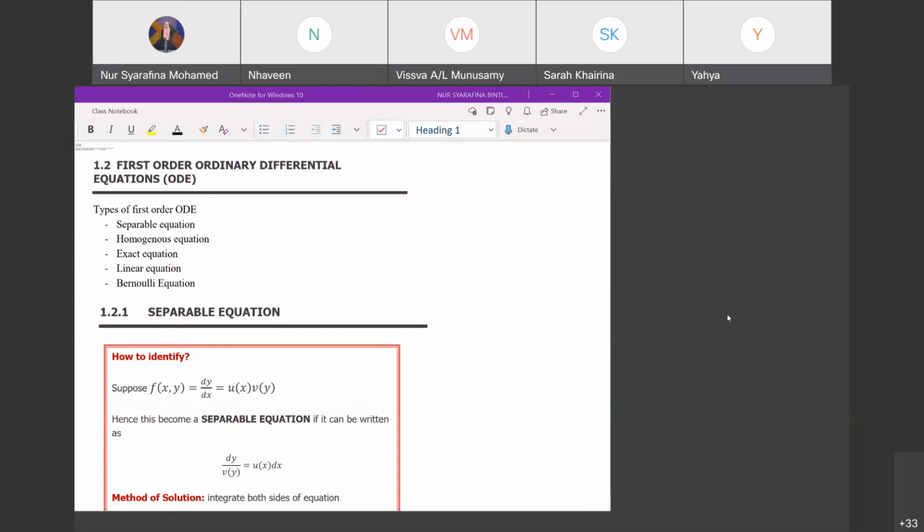How many types? All right, 2. What are the types? The first one is ordinary, and another one is partial.